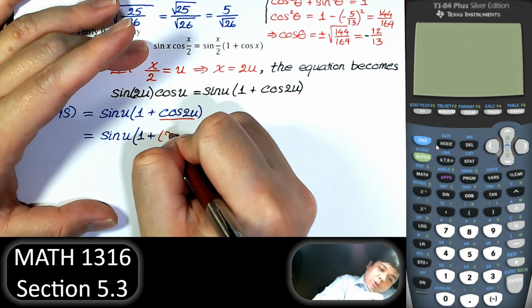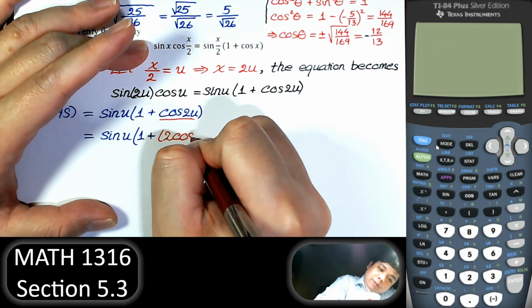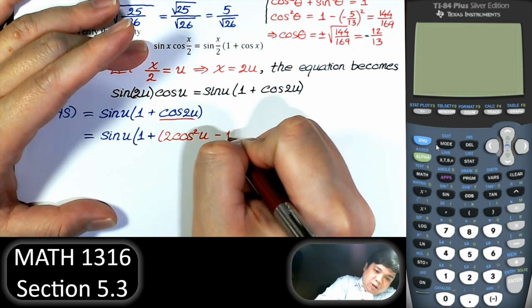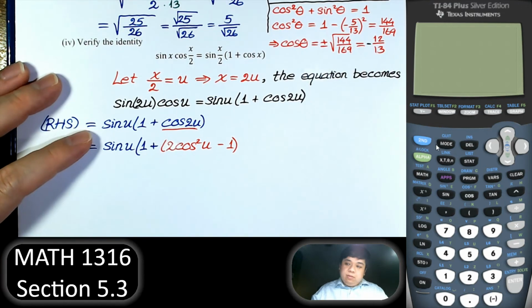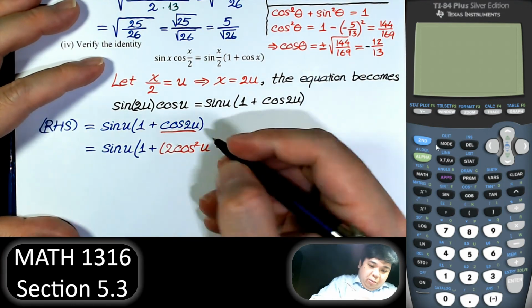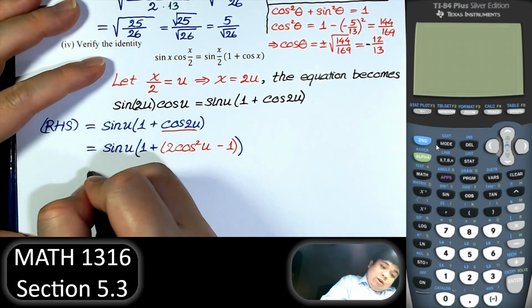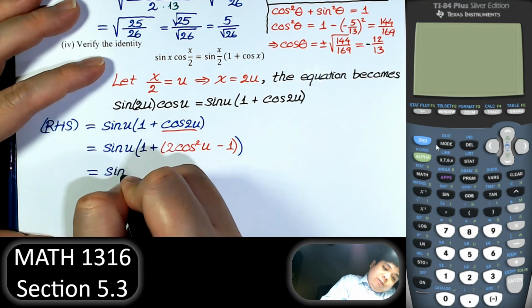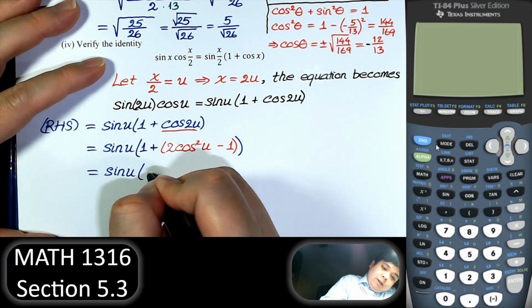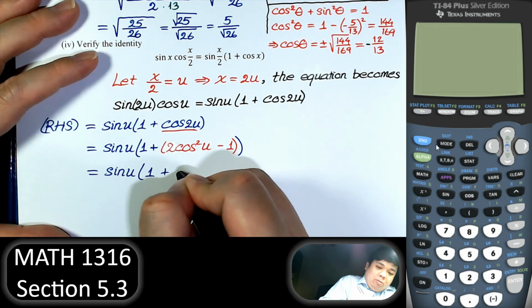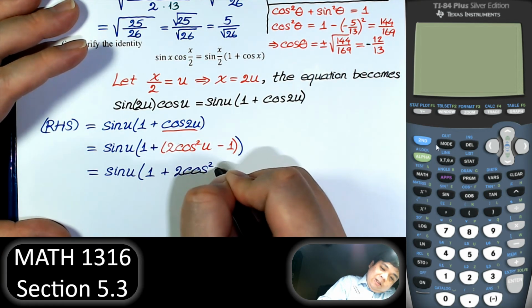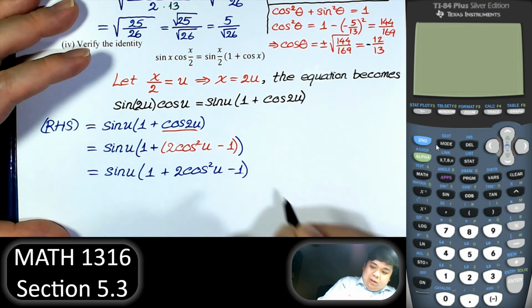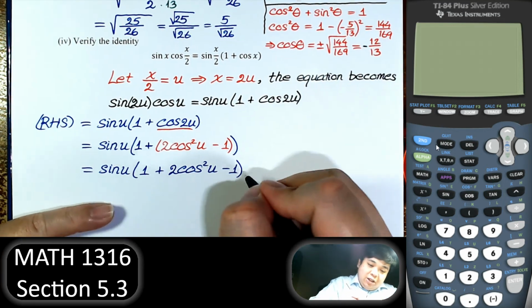Two cosine square -1. Right. Yeah, that's one. Because the +1 -1 conveniently cancel out, so we have sine of u. Let's just write out. We have plenty of space. And 1 and 1 cancel out.